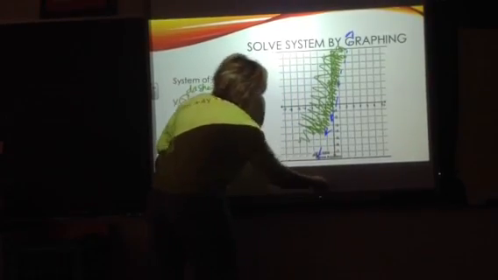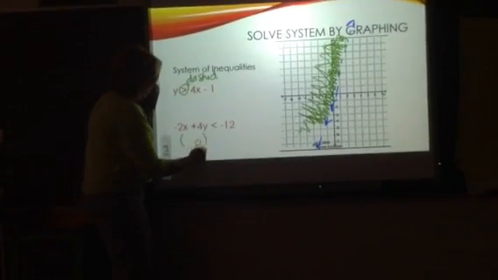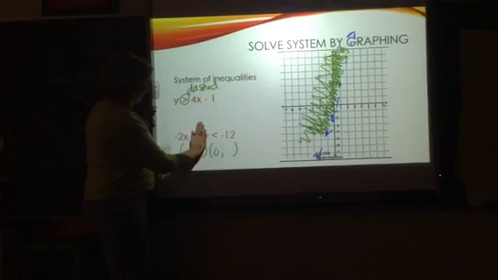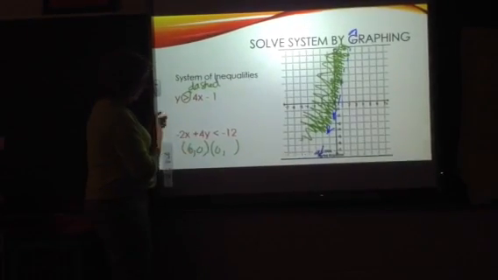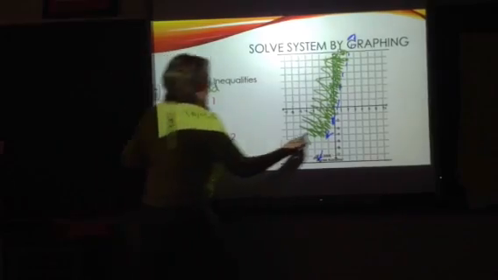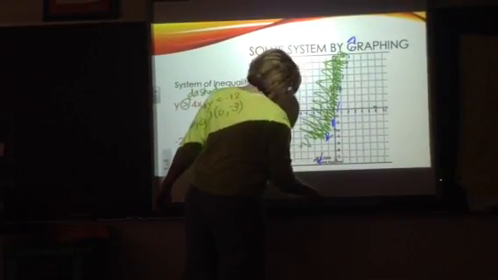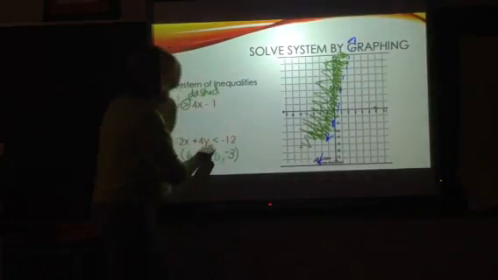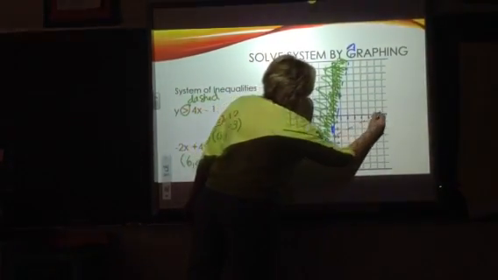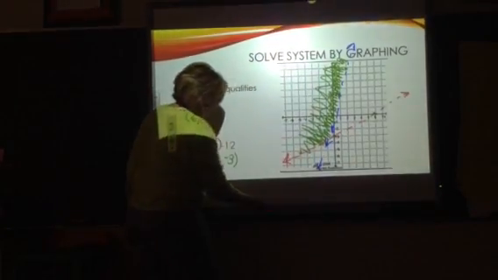Okay. So the next equation, using the cover-up, I have the ordered pairs. So when I let y equal 0, I know that x is 6. And when I let x equal 0, I know that y is -3. So I'm going to go to the points 6, 0, and 0, -3. And this is also going to be a dashed line. Okay.